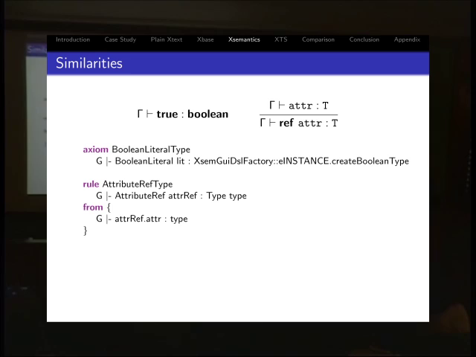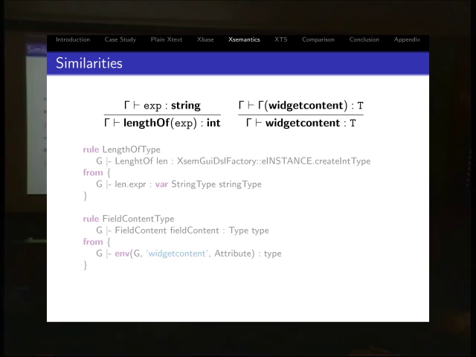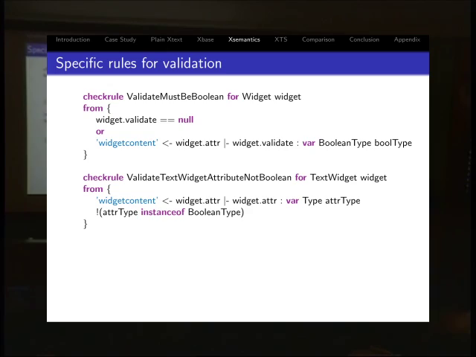And these are the rules which correspond to the rules that I would write if I had to define formally the type system of my language. And of course, in the premises, you can either invoke other rules or write any Xbase expression. And this is just another example. Let me skip quickly through this.